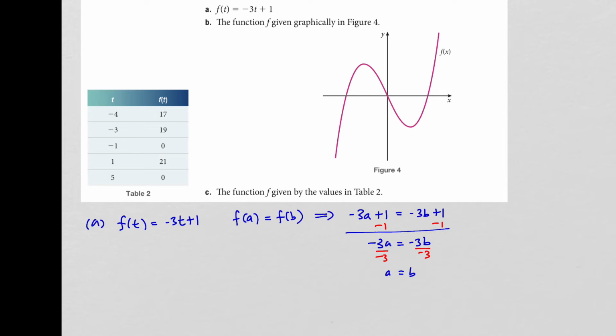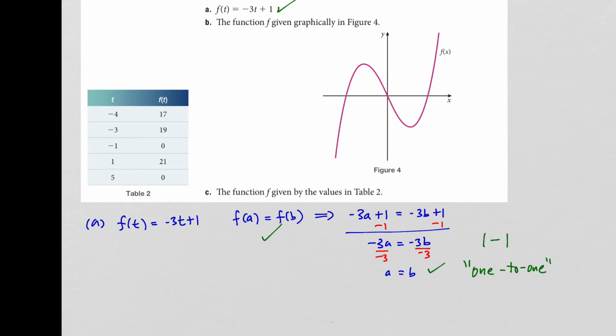So again, if f of a equals f of b, and a must be equal to b for this to be true, then it is a one-to-one function. And by the way, 1-1 is an abbreviation for one-to-one. So yes, this first function is one-to-one.